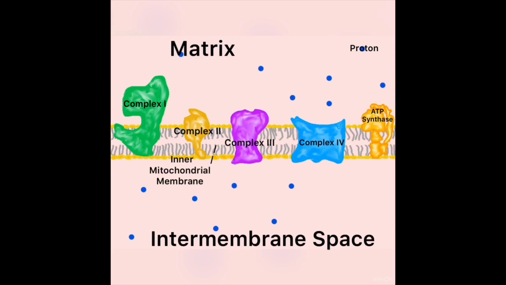FADH2, on the other hand, can only deliver its electrons to complex 2, which is not a pumper, meaning that its electrons can only cause the pumping of 2 protons, and thus the synthesis of 2 ATP.